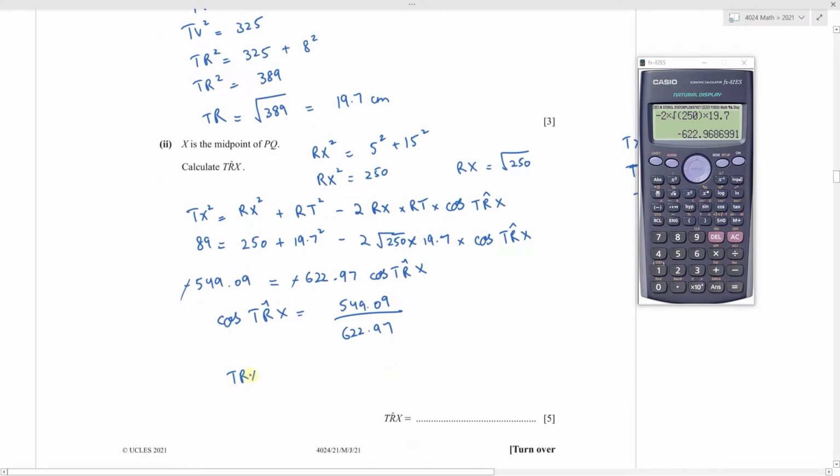So TRX will be cos inverse of this. So 549.09 divided by 622.97, and then you take the cos inverse of this, which is 28.187, and up till one decimal place it will be 28.2 degrees. So your angle here TRX is 28.2 degrees.